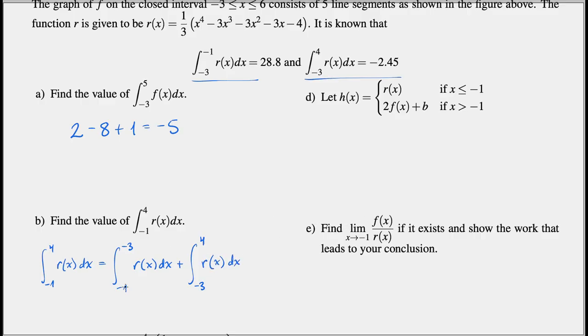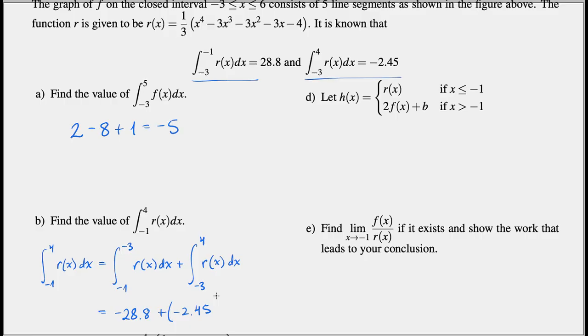Okay, well, the integral from -1 to -3, you'll notice the bounds are flipped. That just makes this value negative. So this is -28.8. And then plus the integral from -3 to 4 is -2.45.